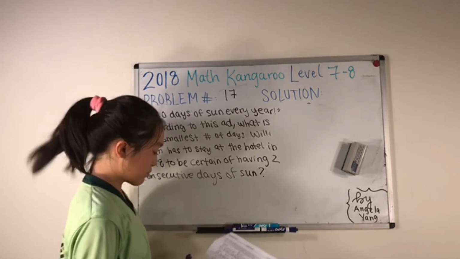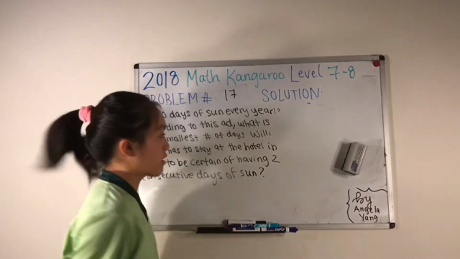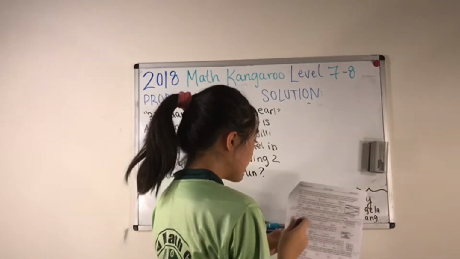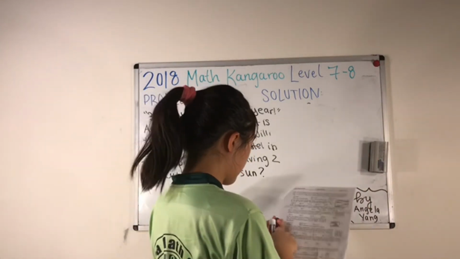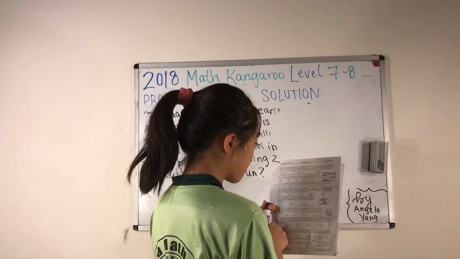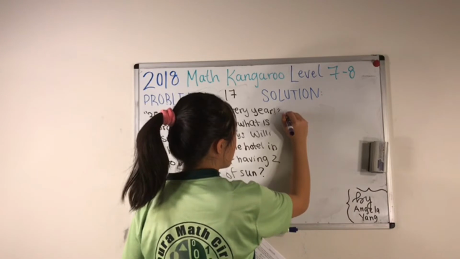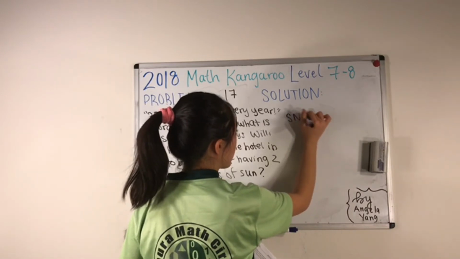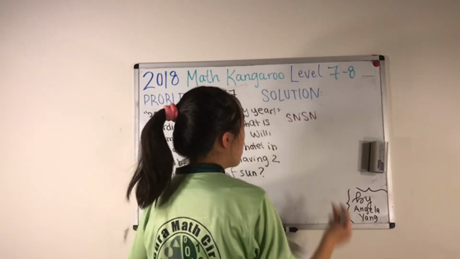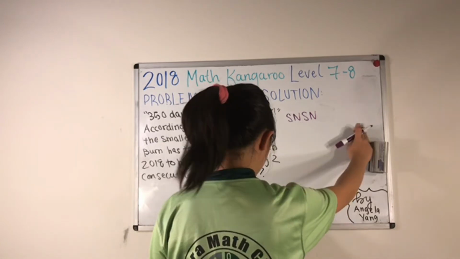In order to solve this problem, let's envision the worst case scenario. The worst case scenario would be if on his first day he has sun, second day no sun, third day sun, fourth day no sun, all the way until the end.